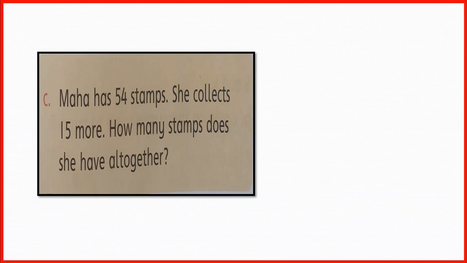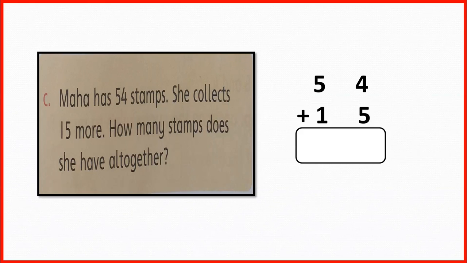The next is: Maha has 54 stamps. She collects 15 more. How many stamps does she have altogether? Let's find out. She has 54 stamps and then collects 15 more.